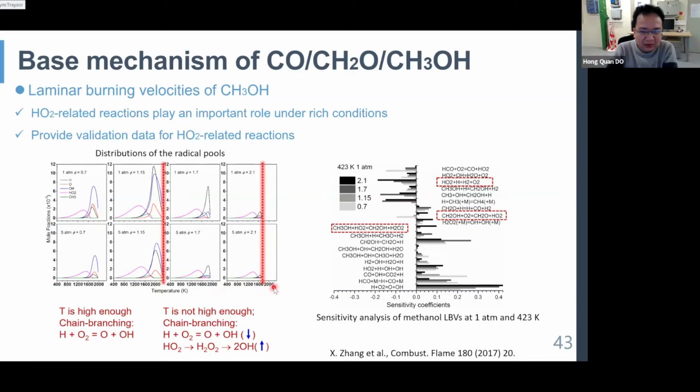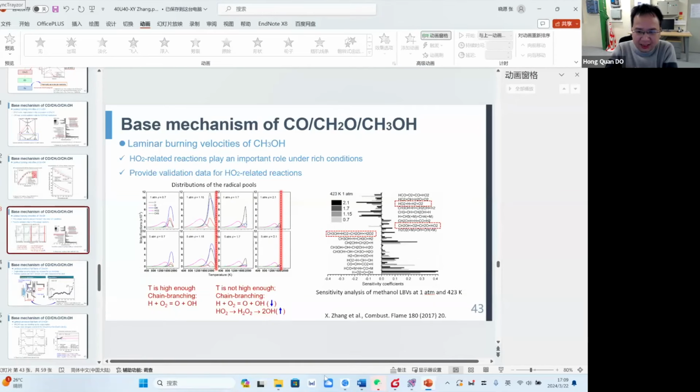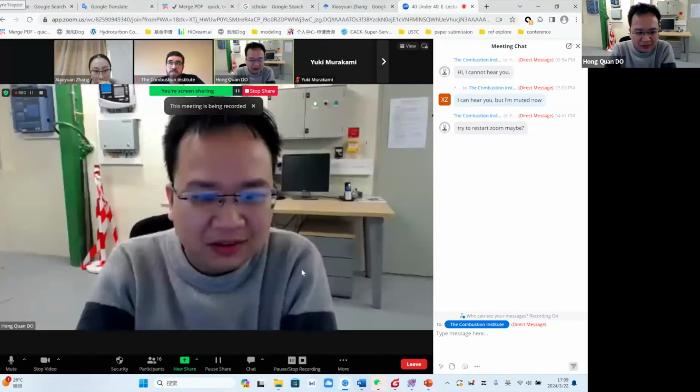And here you use a brute force method. Brute force for the shock tube is the same method for sensitivity analysis: you multiply the rate constant of a reaction by a factor of 2, 3, or something like this.